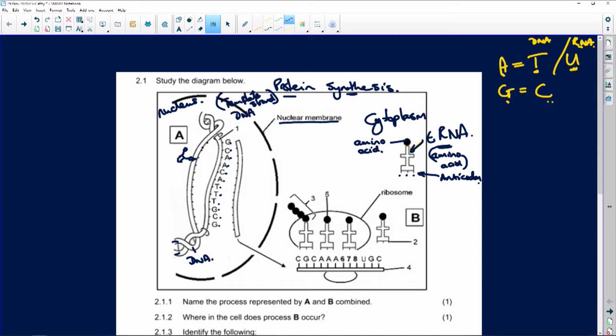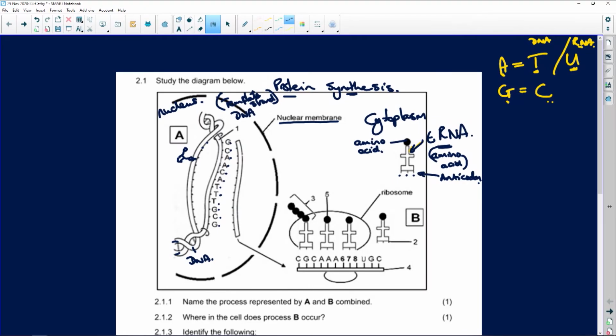So what I'm doing is I'm giving you every possible label that you can get in a diagram like this. Okay? So A is going to be in the nucleus. B will be your cytoplasm. Okay? The process that's going to take place here is going to be translation. And your process that takes place here is transcription.